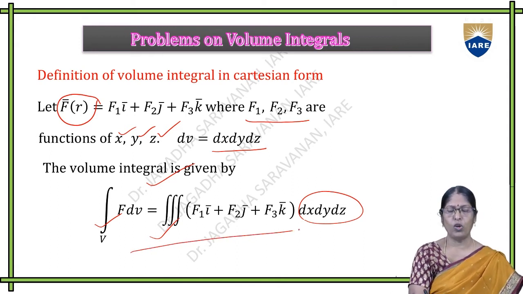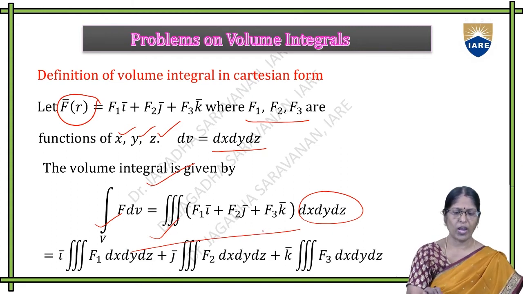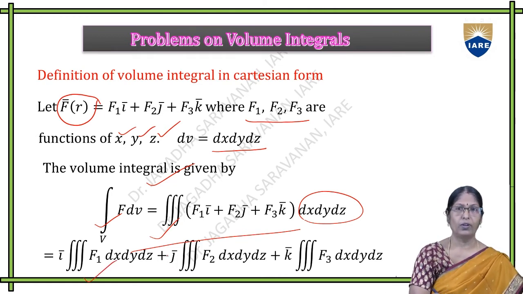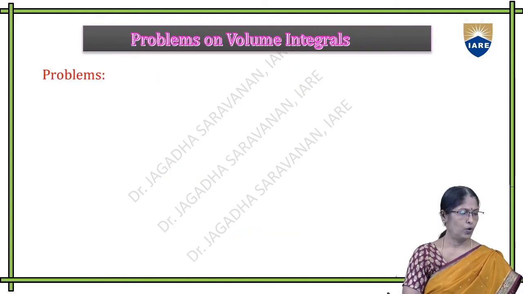This is the volume integral formula, which can also be written as i times the triple integral of F1 dx dy dz, plus j times the triple integral of F2 dx dy dz, plus k times the triple integral of F3 dx dy dz. Problems?